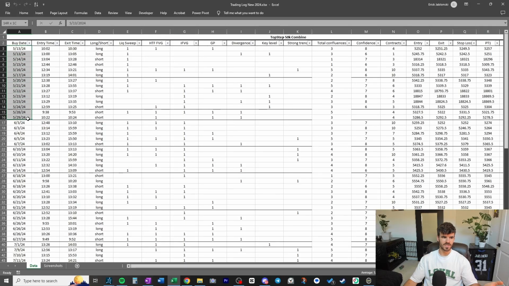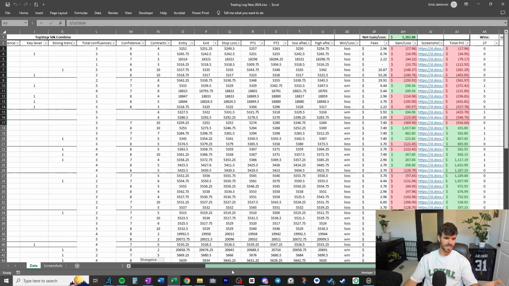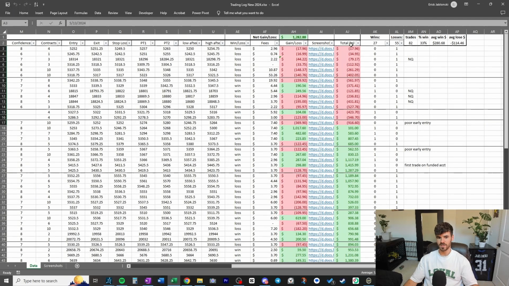So you can see I started taking trades from May 13th to June 3rd. That's the time period it took me to turn green. So I took a bunch of losses, turned green. I've been green ever since then.